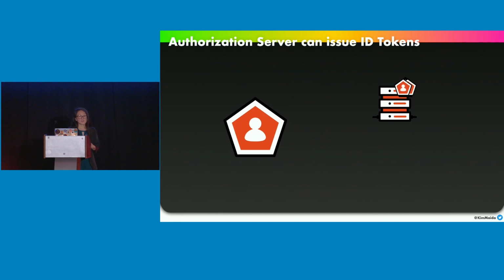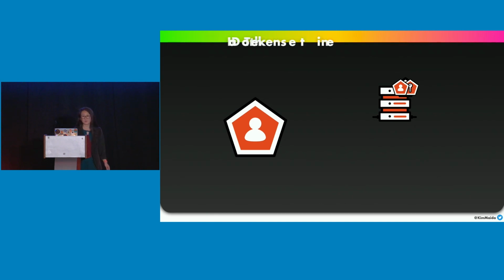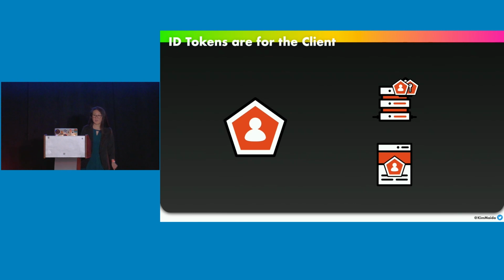Now, the authorization server can issue ID tokens similarly to access tokens, which, as we saw in the example with HireMe and MyCal, grant access to resources. However, unlike access tokens, ID tokens are intended for the client. So they're a fixed format that clients are able to parse and validate in order to extract identity information from the token and therefore authenticate the user and verify that the user is who they say that they are.